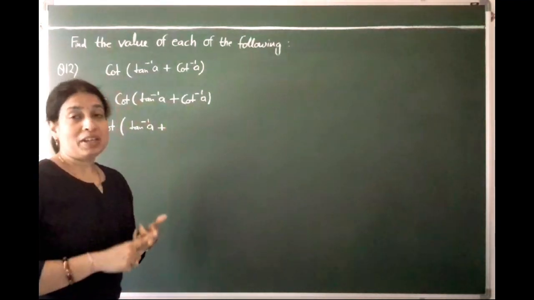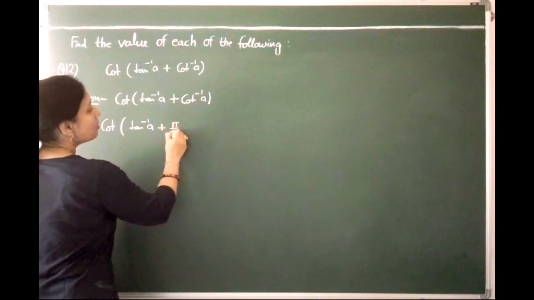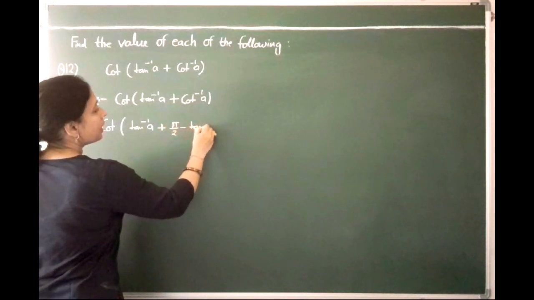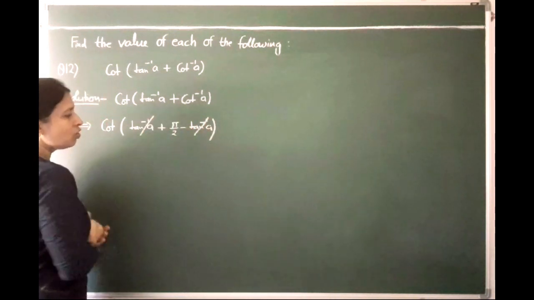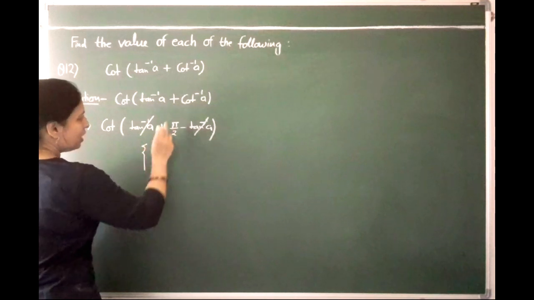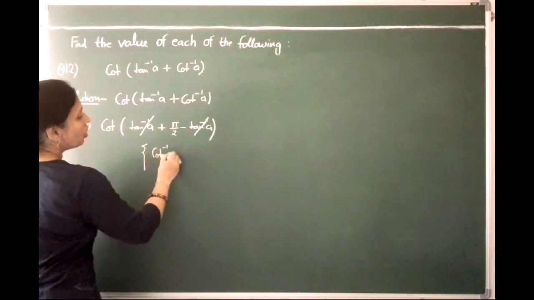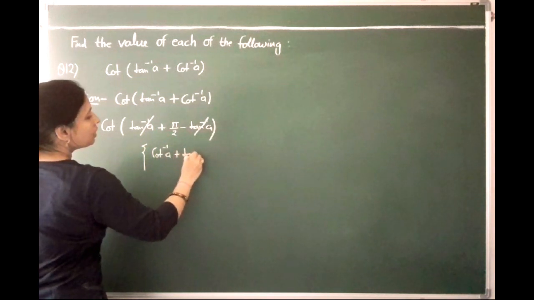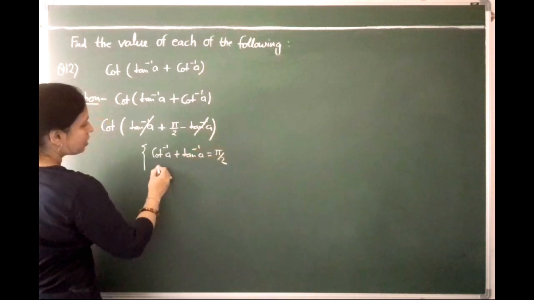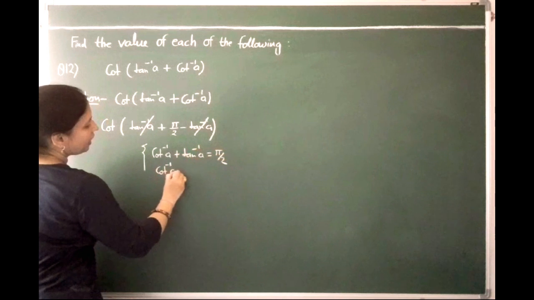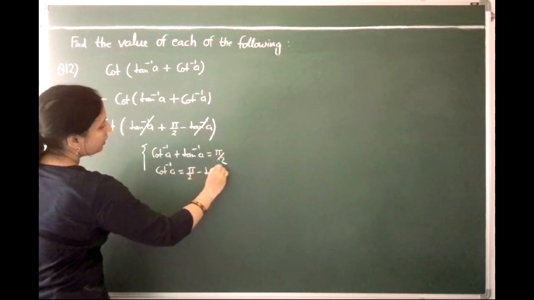So cot inverse A will be pi by 2 minus tan inverse A. So we can write here pi by 2 minus tan inverse A. Tan inverse A minus tan inverse A, so it will be 0. And write here the formula that we have used: cot inverse A plus tan inverse A is equal to pi by 2. That means cot inverse A is equal to pi by 2 minus tan inverse A.